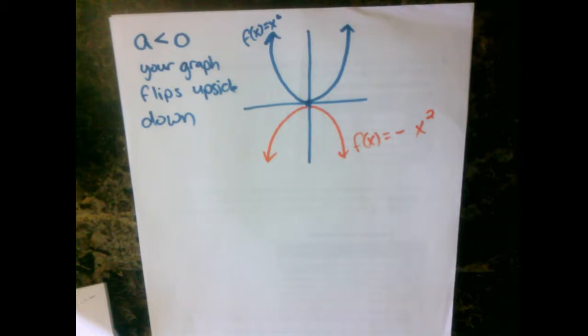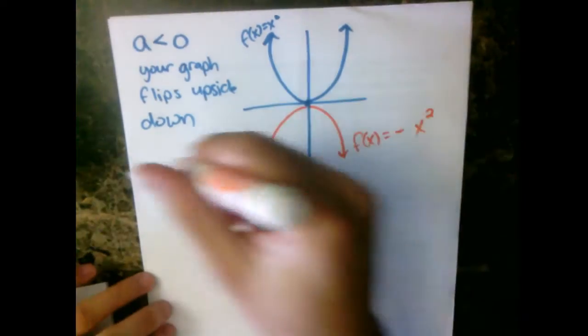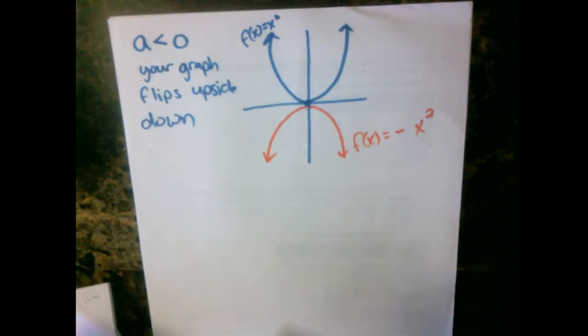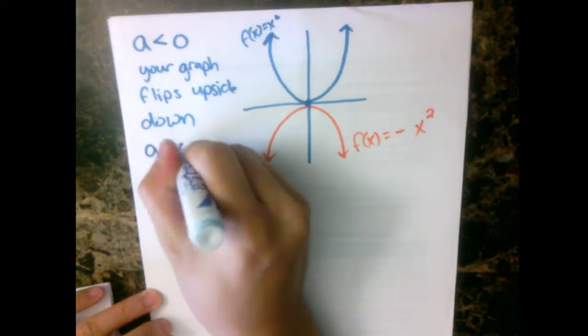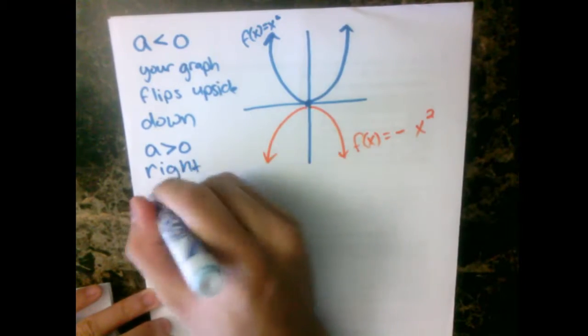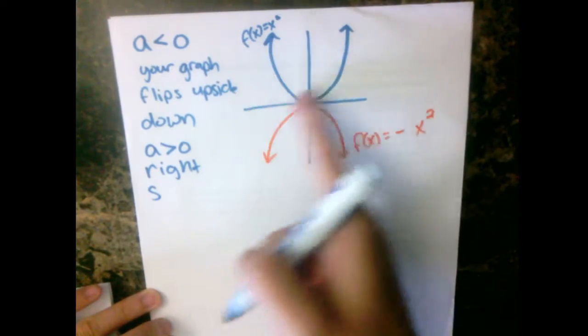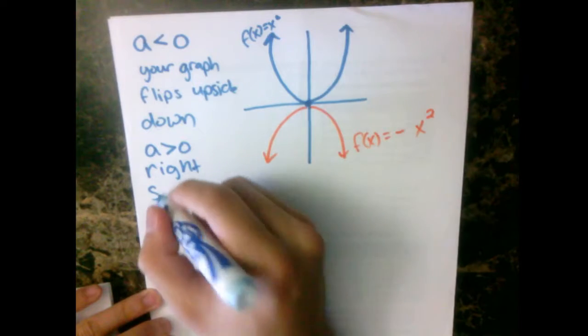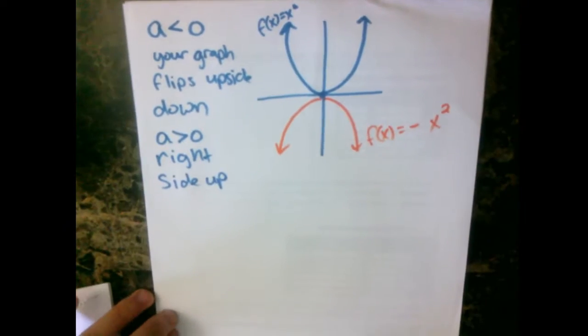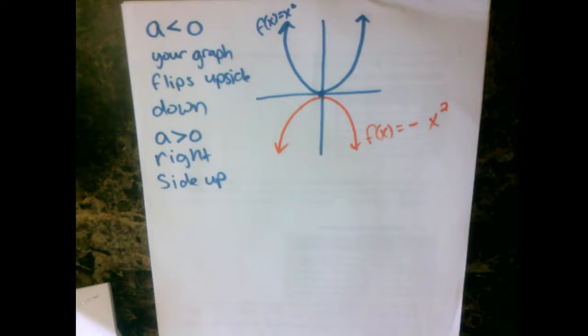Granted, that means if a is greater than 0, I really should have done this in the opposite color. That's going to be confusing, but okay. I'll write this so that you have it. If a is greater than 0, your graph is right side up. You're already used to this. Like x squared is just facing upwards, and 5x squared is also facing upwards, right side up. A is less than 0, a is greater than 0.